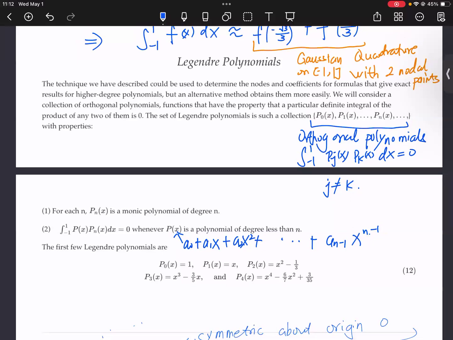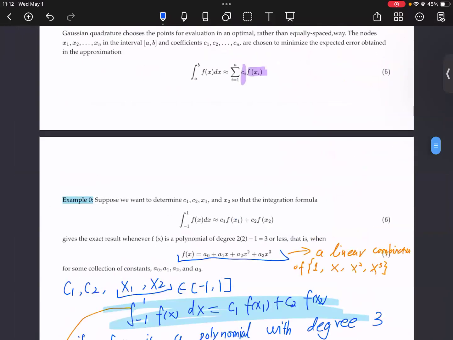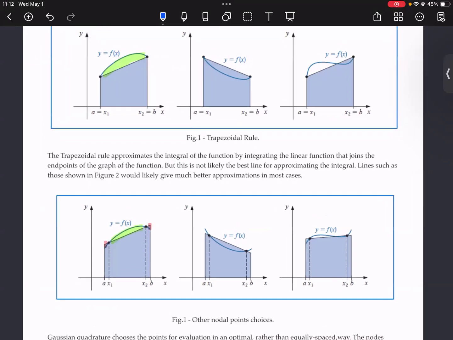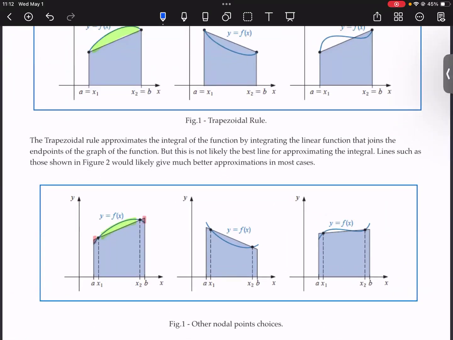So let me remind you of something about the Gaussian quadrature rule. The very important thing is that this is the trapezoidal rule, where we automatically use the nodal points at the ends of the interval.